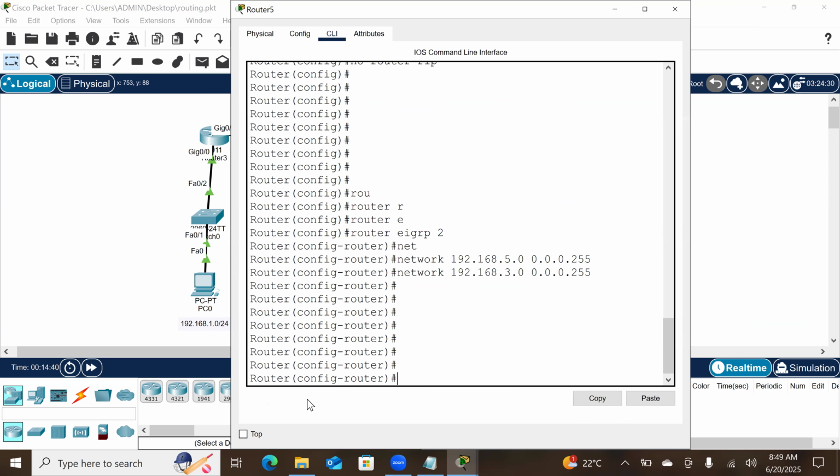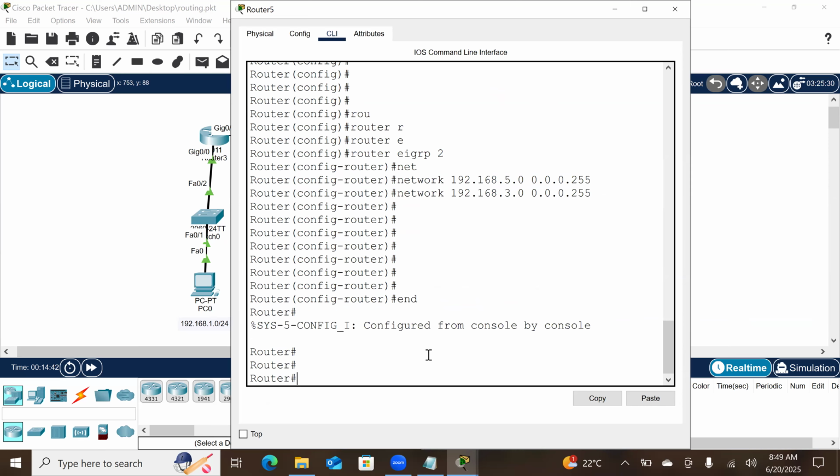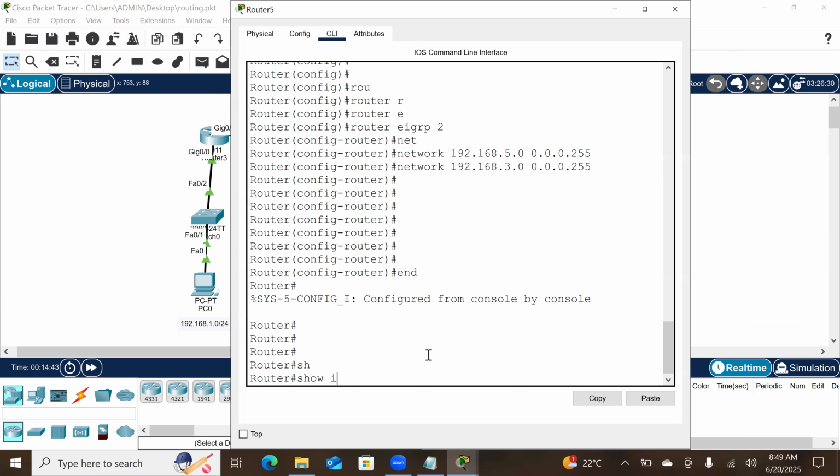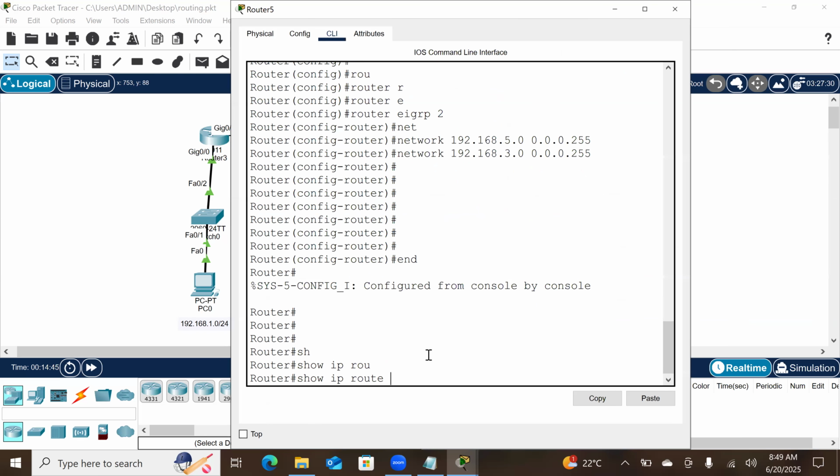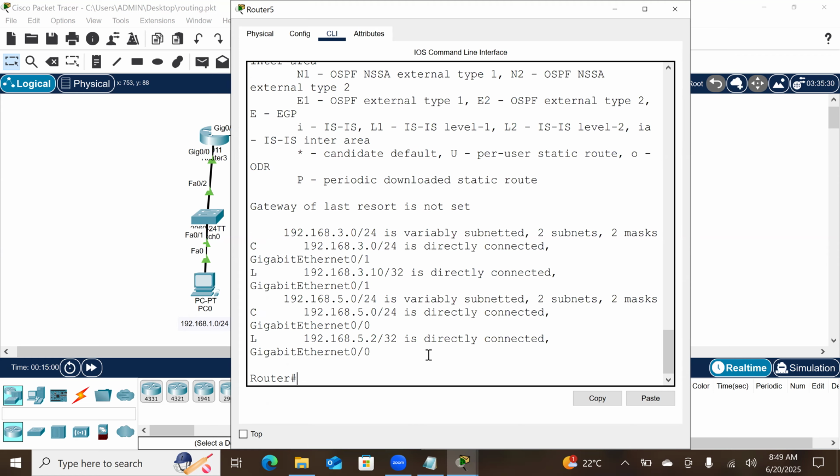So if you check the third router, what routes will be here in this routing table? Only directly connected routes, 3 and 5.